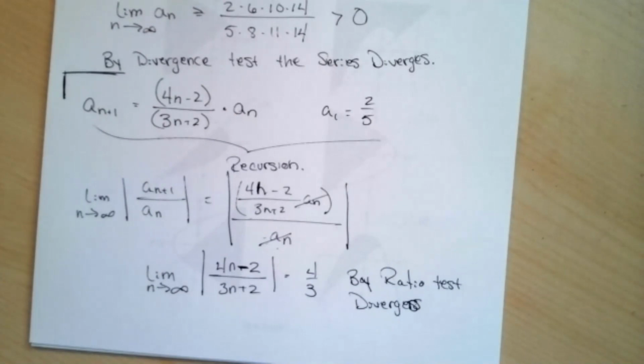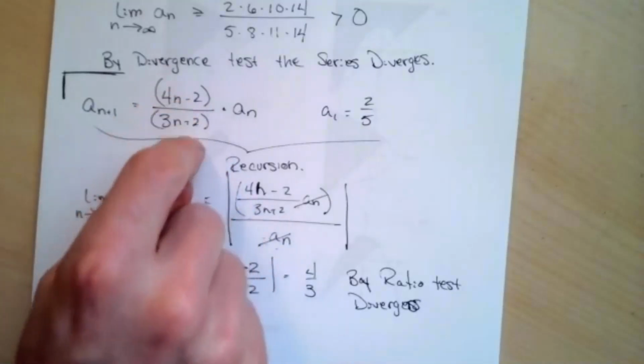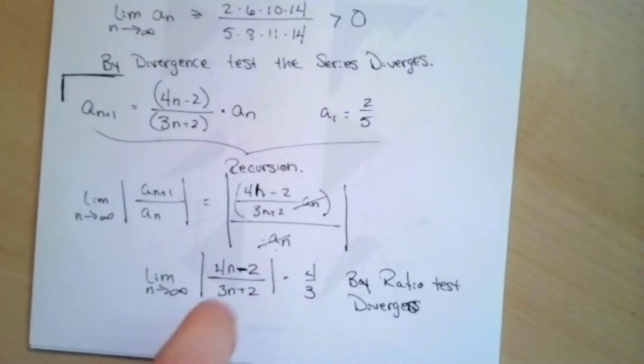I see it more of the ratio test than the divergence test, to be honest. This way's a lot quicker. If you understand where the recursion comes from and can demonstrate that this is the correct recursion, it's a lot quicker, a lot nicer and more concise.